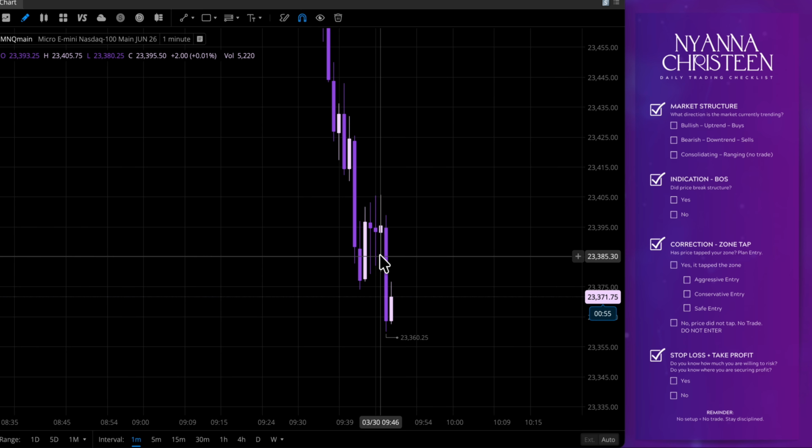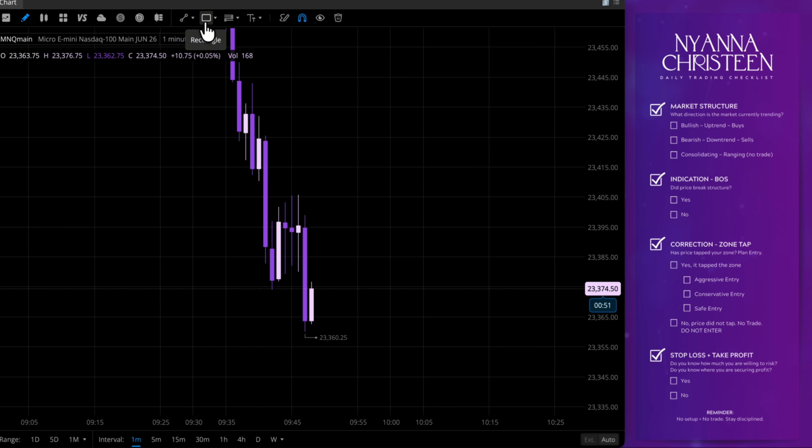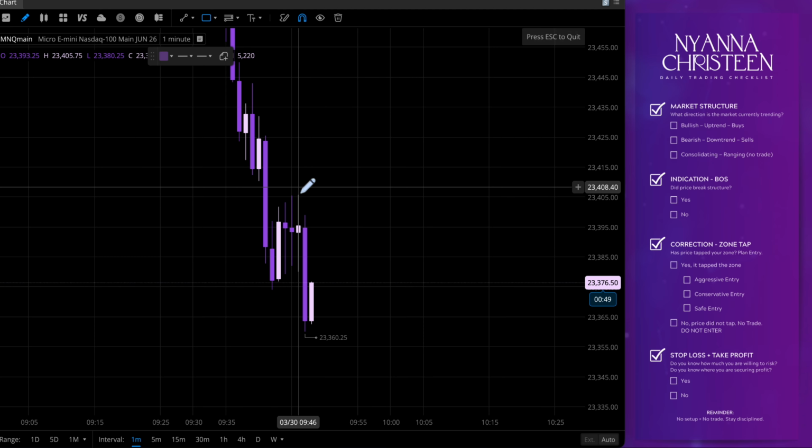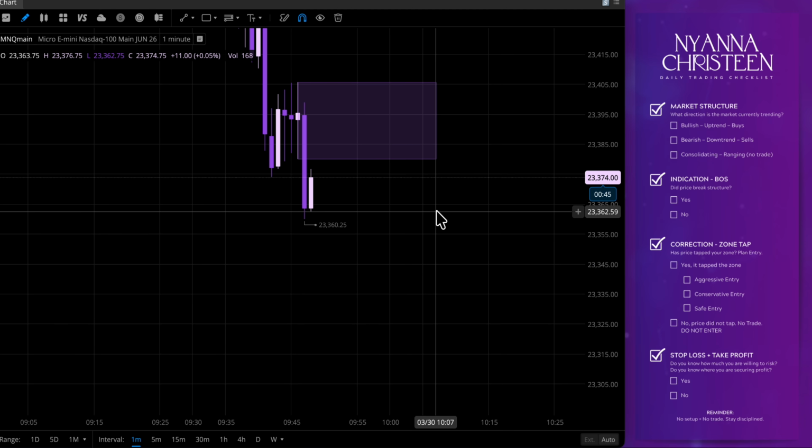This is a crazy drop. It's coming back. It's tapping on the 1 minute. Let's see. I might have to get in on the 1 minute, y'all.